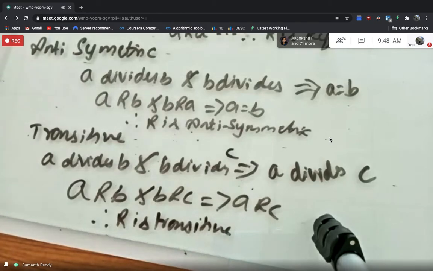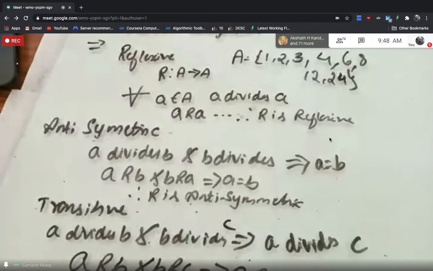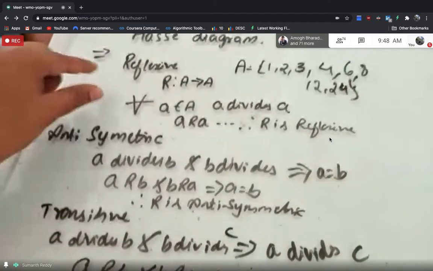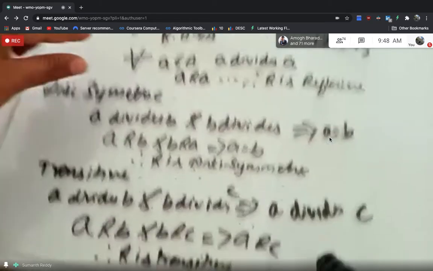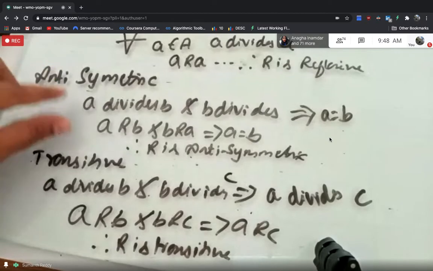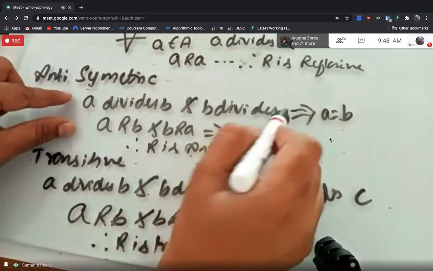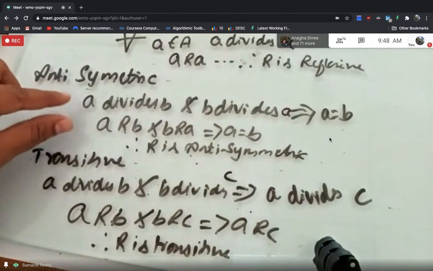So now what I have done is I have checked whether the divisibility relation is reflexive, antisymmetric and transitive. Here every number will divide itself. Therefore, the divisibility relation is reflexive. If a number A divides B and B divides A, it is possible from both sides only when they are equal. That is an antisymmetric property.